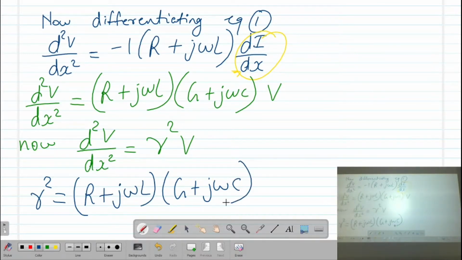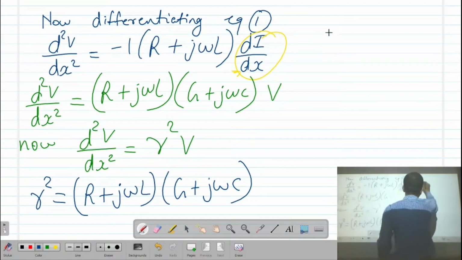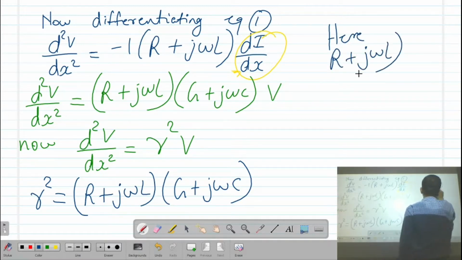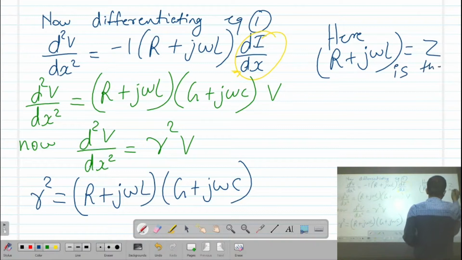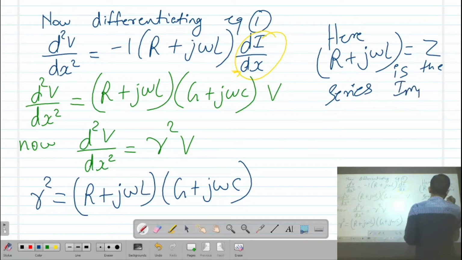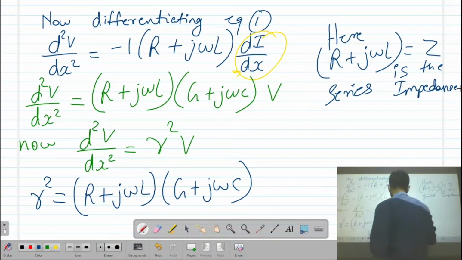Here R plus j omega L is equals to Z, which is the series impedance, right?